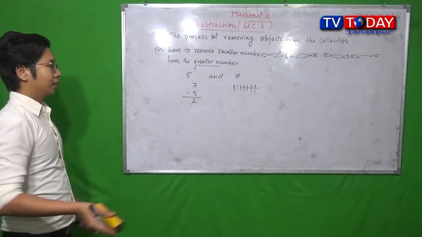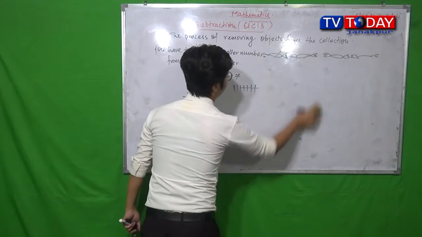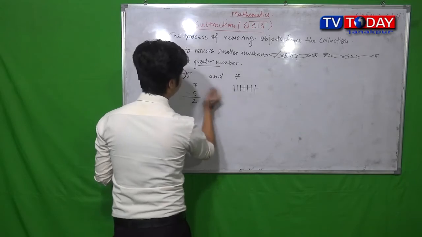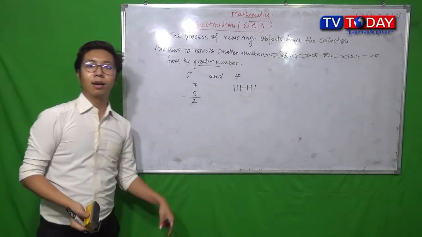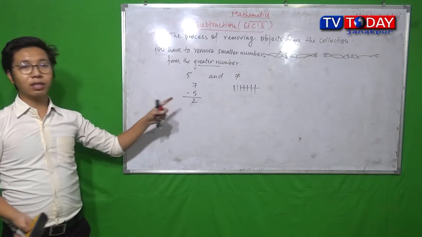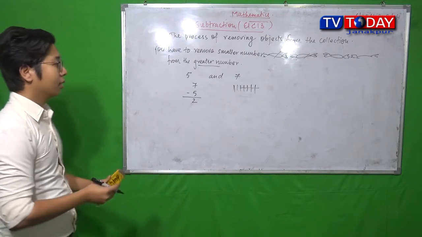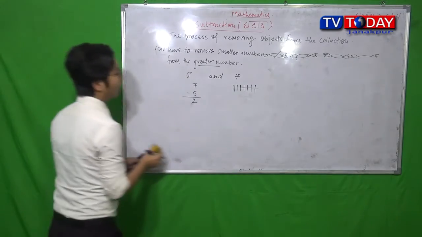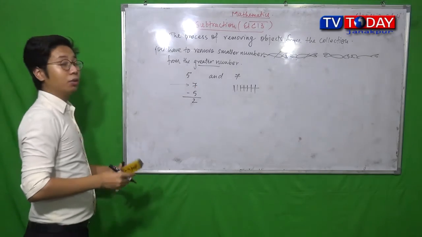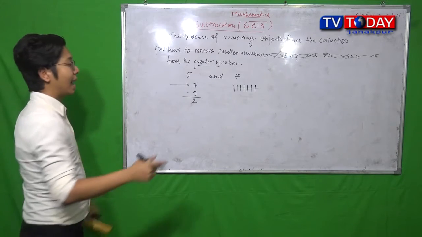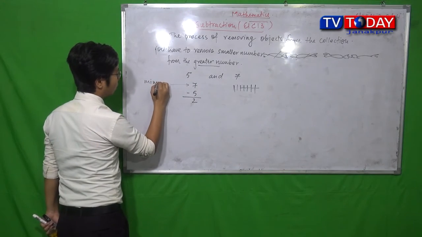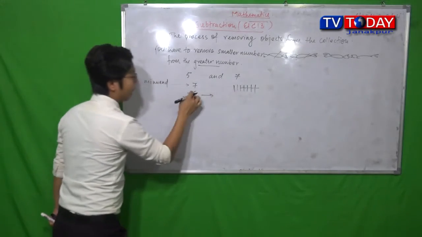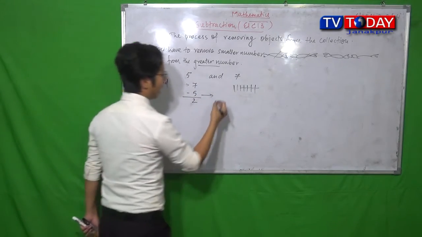Now going to the parts. These three numbers are different and the names of these three numbers are different. The greater number from which you subtract a smaller number, that is called minuend. And the number that you subtract from the greater number, that is called subtrahend.